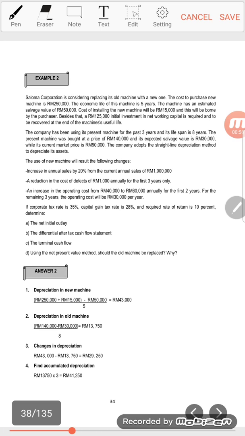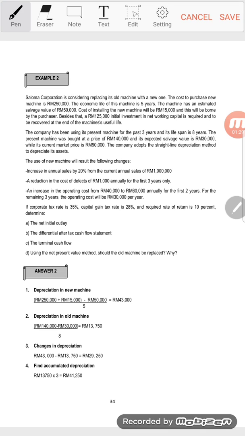Next, besides that, RM 125,000 initial investment in net working capital is required and to be recovered at the end of the machine's useful life. Okay, this is information on net working capital. So this paragraph is basically giving you the information on the new machine and also information on net working capital.